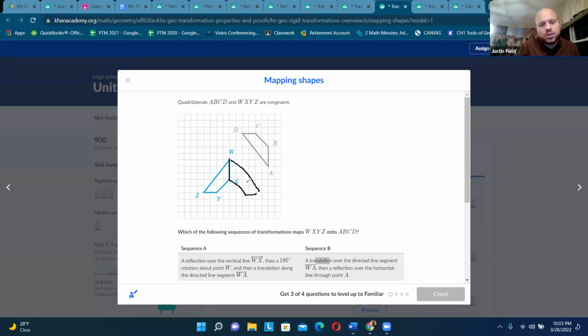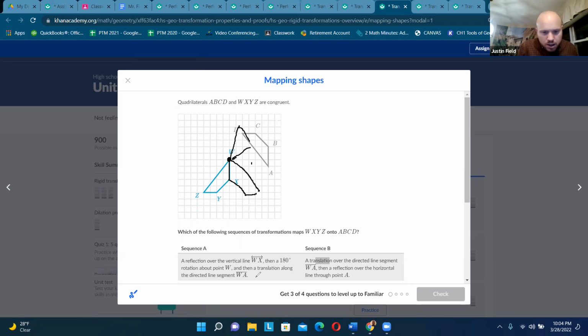And then rotated 180. So rotation of 180. I guess that is rotated 180. About point W. I don't know if I rotated, then it's still going to have a point at point W. I don't think that was it. I could be wrong.